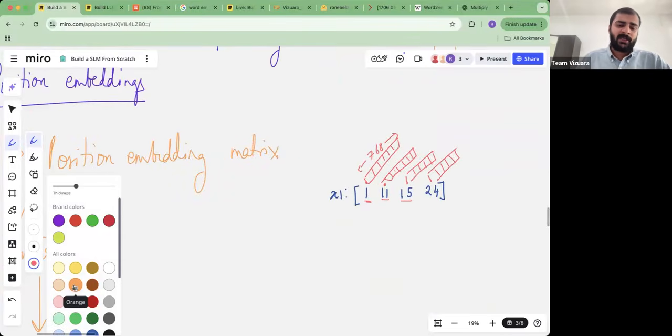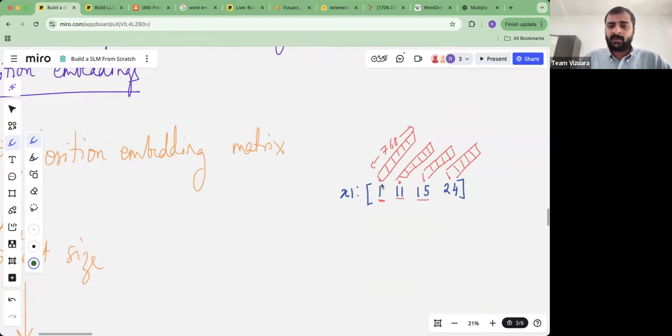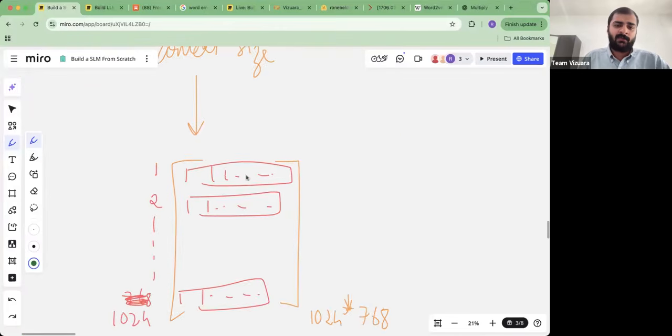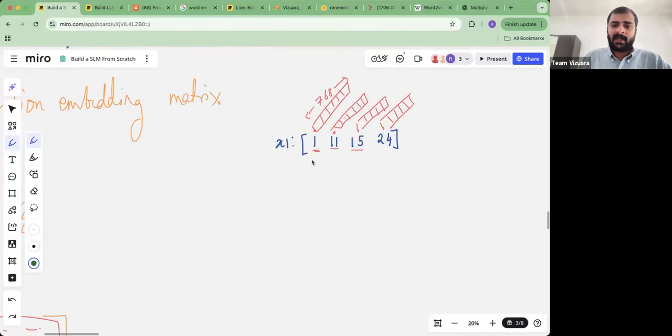How would you get the position embedding? How will you get the position vectors for each of them? This first token comes at position number 1, correct? So I'll look at the first row of the position embedding matrix and I'll get its 768 dimensional vector for position number 1.